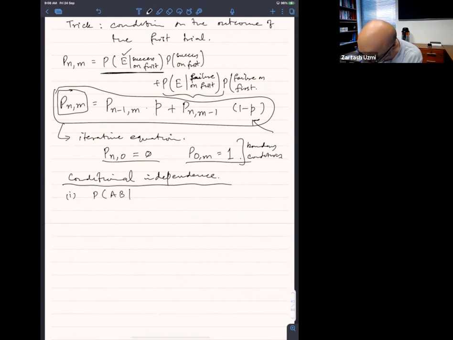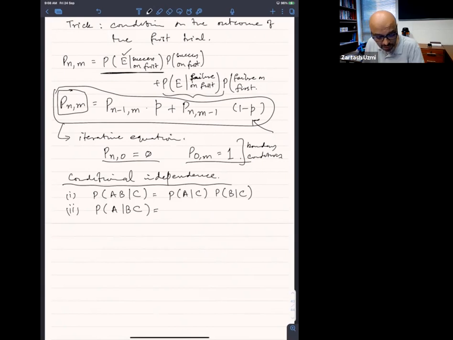Probability of A and B together given C is equal to probability of A given C into probability of B given C. If this is the case, then we say that A and B are conditionally independent, conditioned on C. Another way of writing the same thing: probability of A given B and C is equal to probability of A given C.